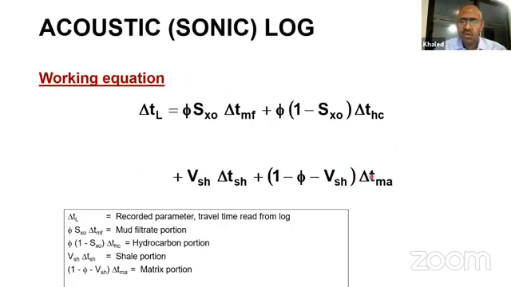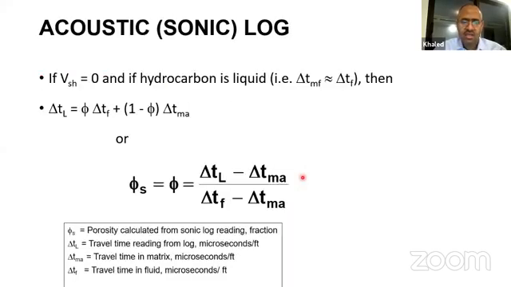And if you look at the equation, the only unknown is porosity. So you can shuffle the equation around and calculate the porosity from sonic, and I will show you the equation. You see the equation here. If you assume that the sonic from the water or the oil is the same, or you have 100% water, and you assume there is no shale, this is the simple linear equation of porosity from sonic.